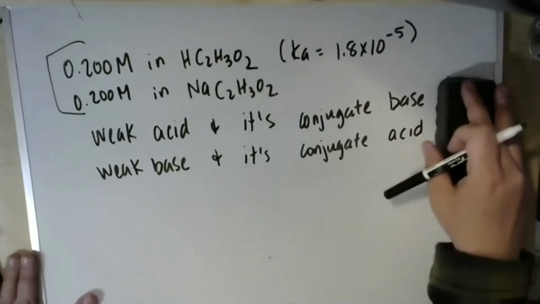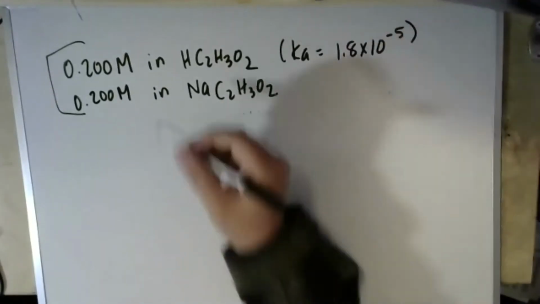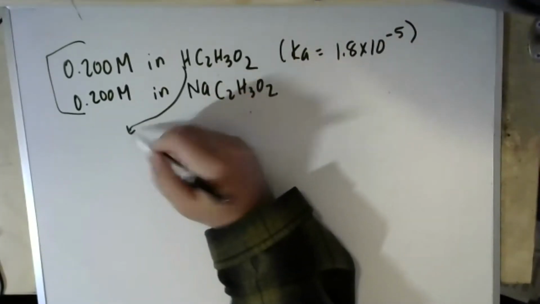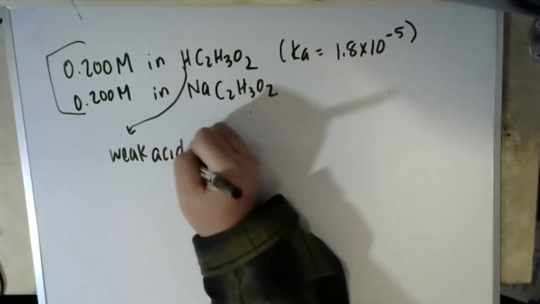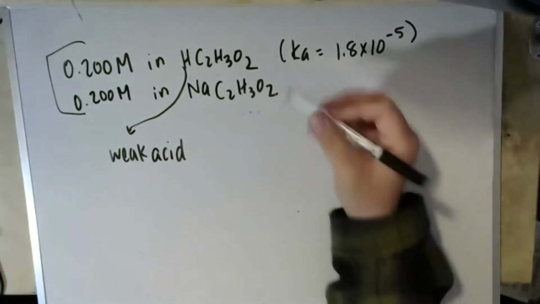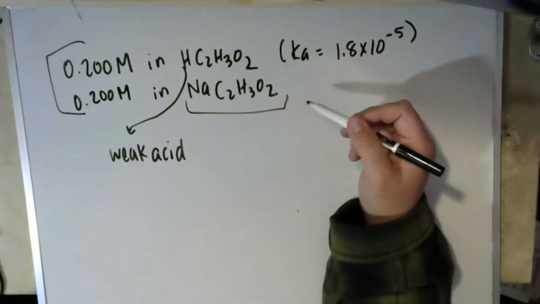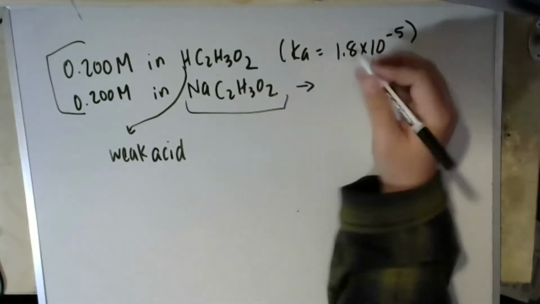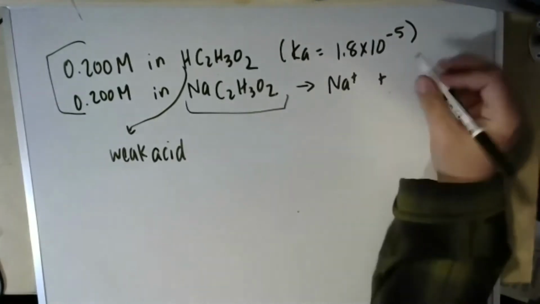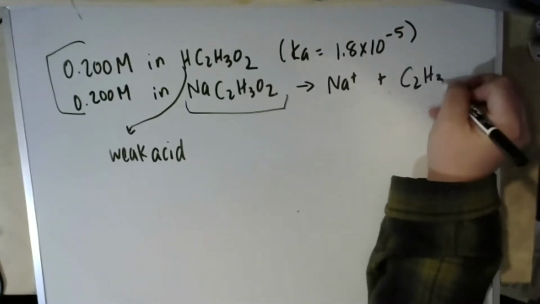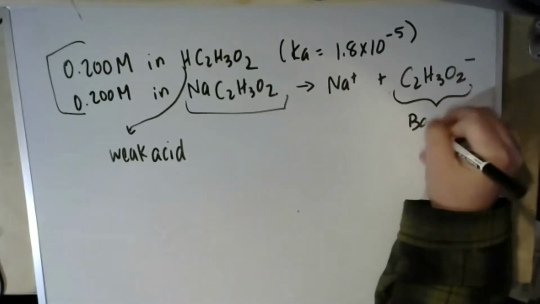So in the solution that we were given up top, we can easily identify the weak acid portion of this, right? It's the acetic acid. And we have to understand that when this sodium acetate breaks up in solution and forms the sodium ion and the acetate ion, the acetate is our basic ion.